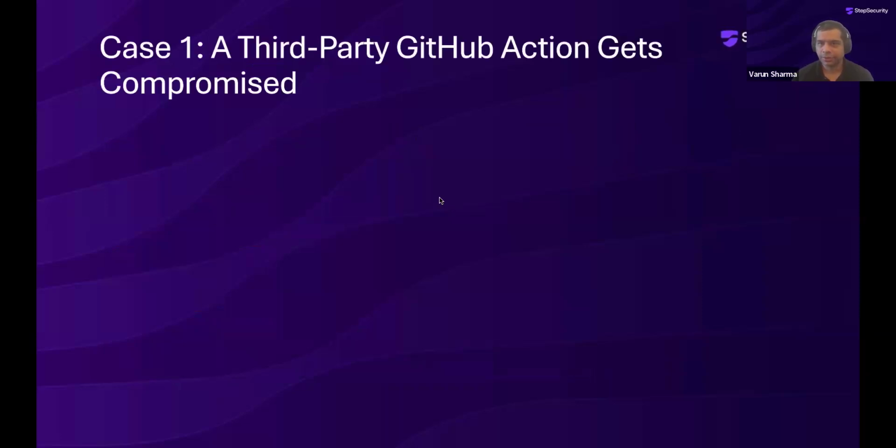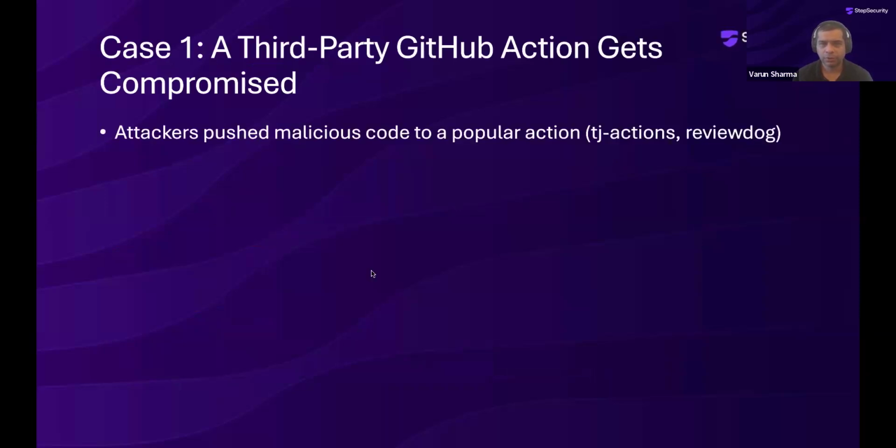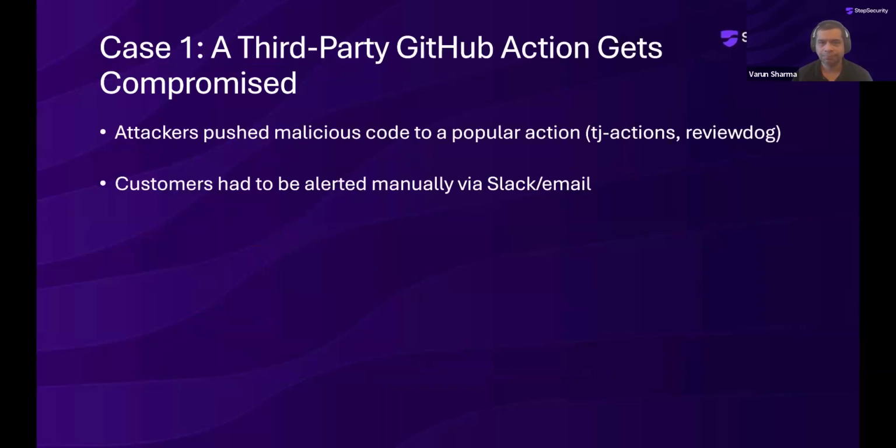So the first scenario is when a third-party GitHub action gets compromised. For this, we can look at examples like tj-actions or reviewdog, where both these actions were compromised recently. Starting with the first case of tj-actions, when we detected the compromise, we immediately alerted our customers about it via Slack or email.